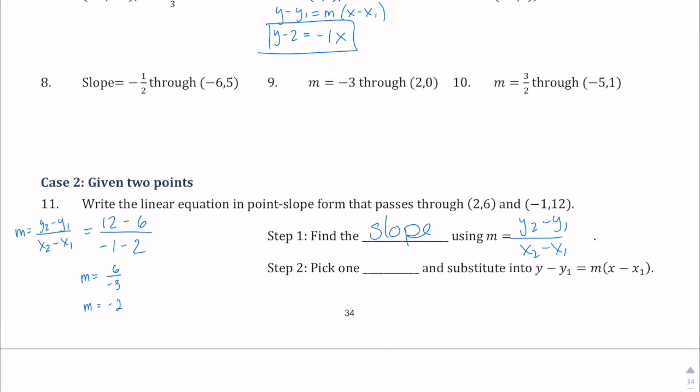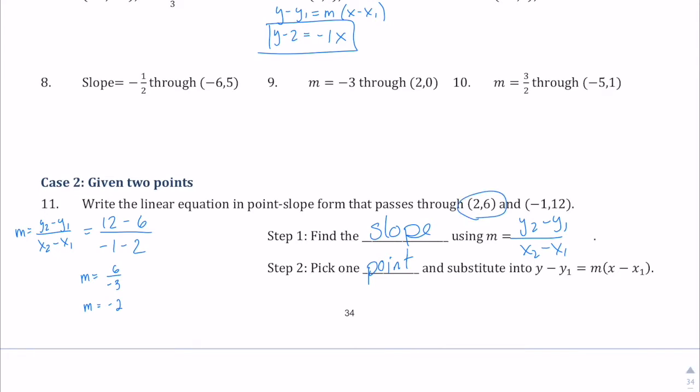Now, we have 2 points, and we're trying to write it in point slope form, which only has room for 1 point. So we just must pick 1 point. And we will get 2 possible equations. So that we can check our answers and be more clear in class, let's always pick the first point that is listed to us. That way we can always be looking at the same one.